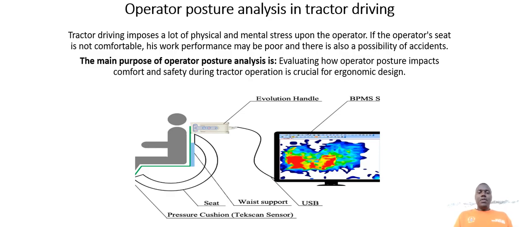The main purpose of operator posture analysis is evaluating how operator posture impacts comfort and safety during tractor operation. That is crucial for ergonomic design. In that picture, we see how we analyze the operator posture before design.